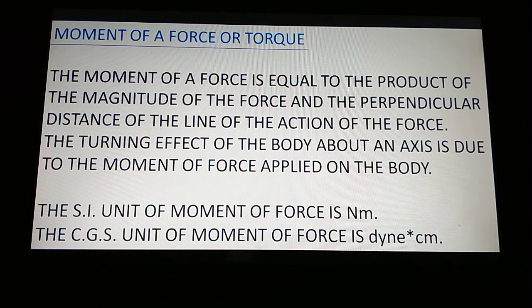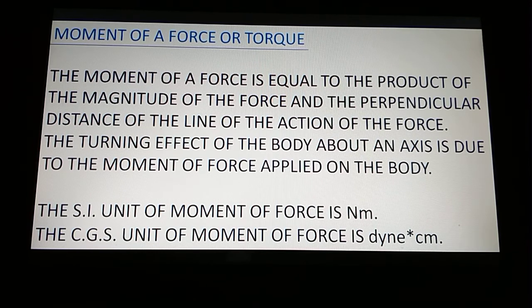That means moment of force is equal to the product of the magnitude of the force, which we are applying, and the perpendicular distance of the line of the action of the force.